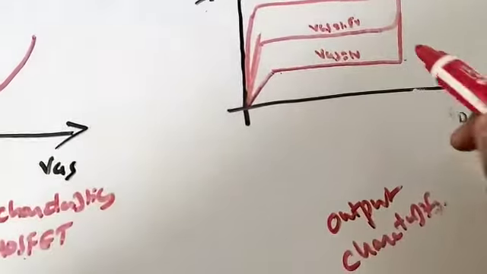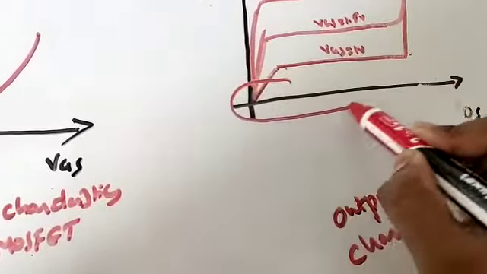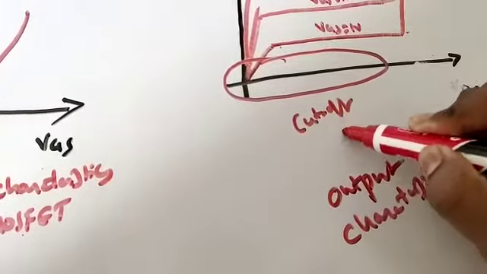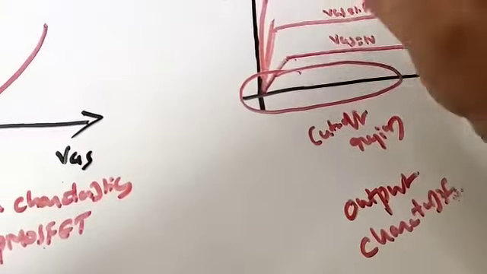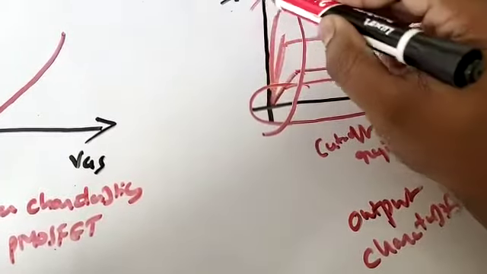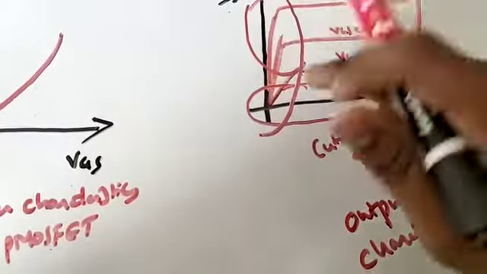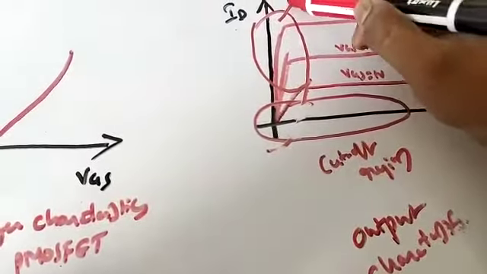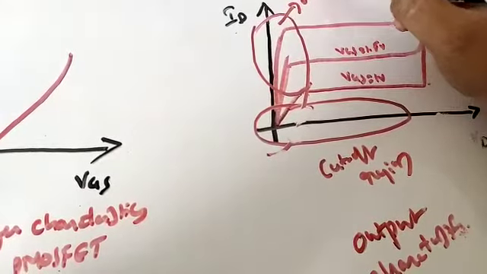So under this particular condition no one is conducting, so that is the only reason. This region is known as what? Cutoff region, right? And under this particular condition, the drain current is increasing, so this is known as what?